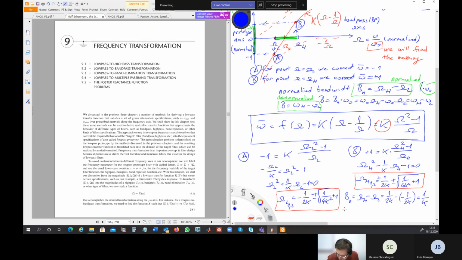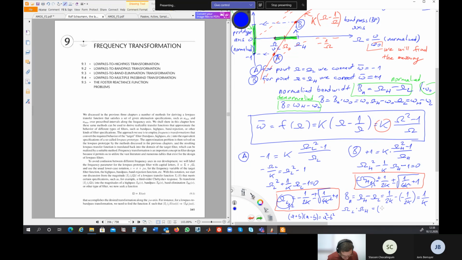In the next step, if you try to multiply omega L times omega h, very fast you will see, if you multiply this and this, that this is equal to like this, a plus b times a minus b is equal to a squared minus b squared. This is a, this is b, and so on.